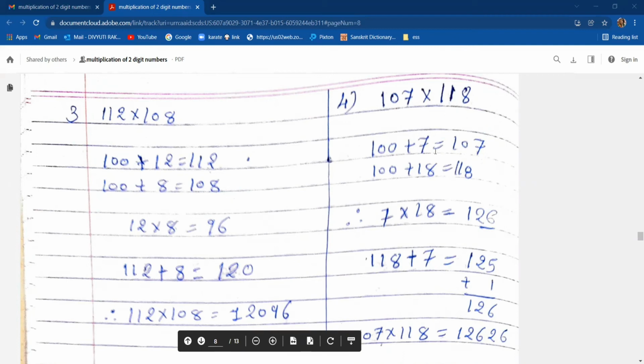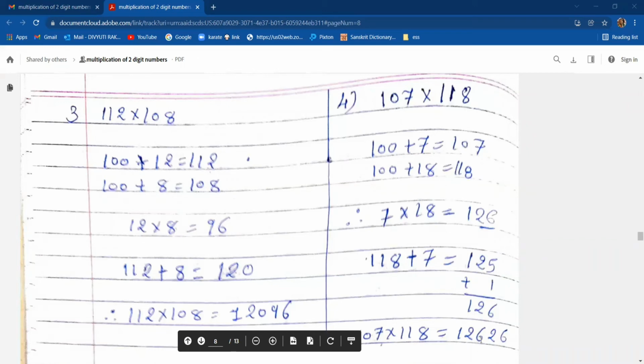This 7 you can add in 118. So you will get 125, right? And in 125 again, here the product we are getting is 3 digits, we have to take only 2 digits for that. So 1 will be taken as carry and the answer will be 12626.